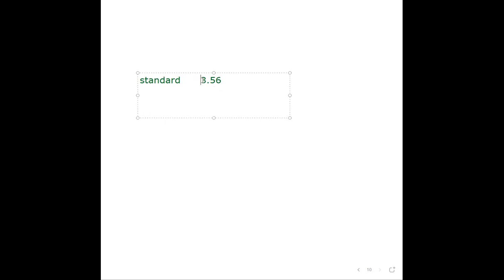Bravo. 3 and 56 hundredths. Amazing. This is how I read it. If I want to make it with the unit form, how do I make it? Bravo. 3 ones, 5 tenths. Bravo. 6 hundredths.